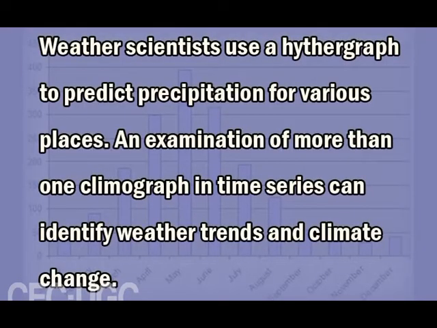Weather scientists use a hythergraph to predict precipitation for various places. An examination of more than one climograph in time series can identify weather trends and climate change. Farmers may also consult a hythergraph to plan their planting strategies.